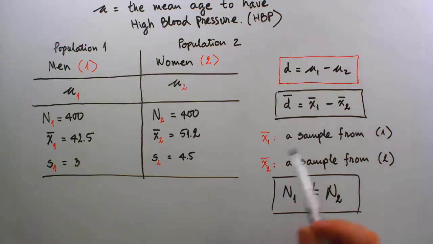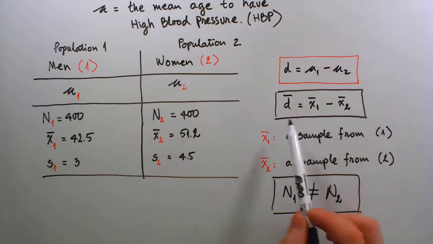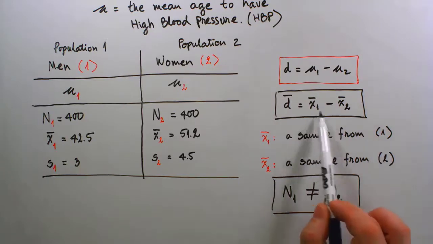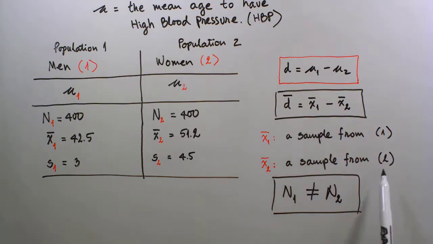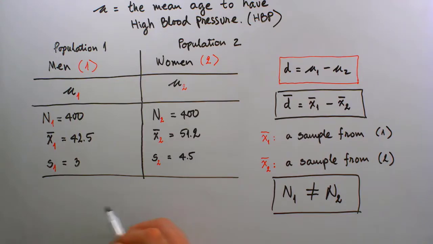And so in that way, we understand straight from this definition that D bar is defined to be any sample mean from population 1 subtract a sample mean from population 2. So that means now, particularly in our actual example, we can sketch out further information. According to this understanding, what I have here is a value for our D bar.